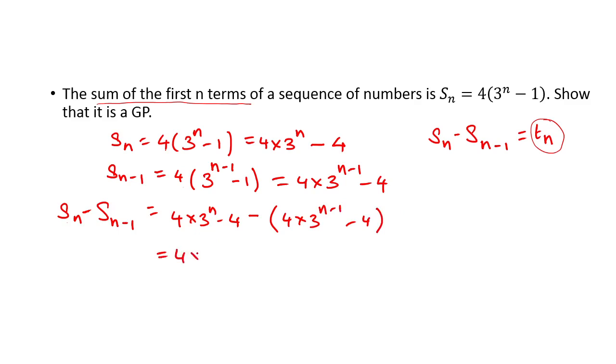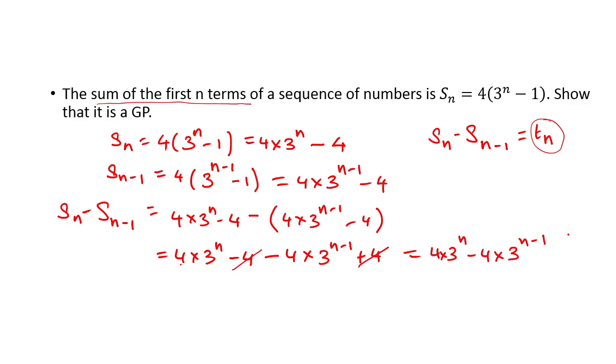So this is equal to 4 into 3 raised to n minus 4. This will be again minus 4 into 3 raised to n minus 1. And this minus into minus 4 will give you plus 4. So that this minus 4 plus 4 will cancel. What I have is 4 into 3 raised to n minus 4 into 3 raised to n minus 1.